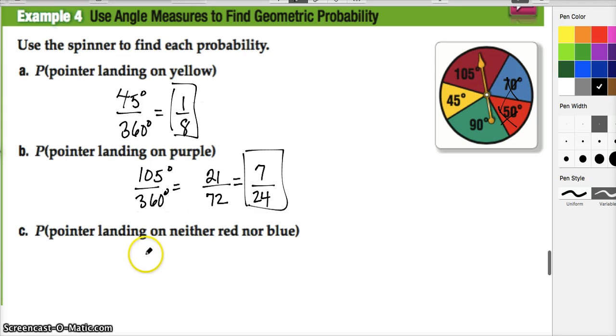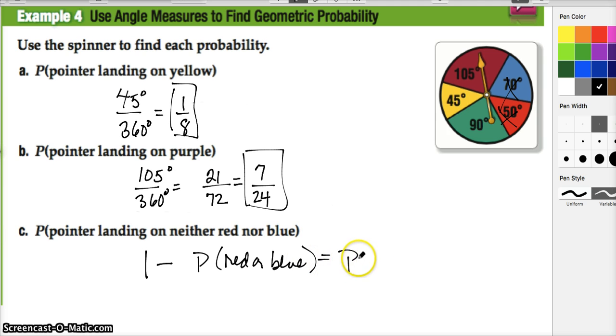So 1 is the probability of it definitely happening, and I want to subtract the probability of red or blue. When I do that, I'm expecting to get the probability of neither red nor blue.